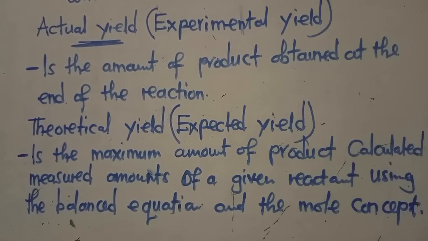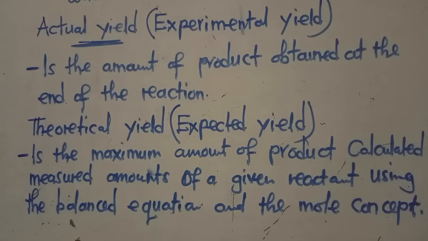So I guess I've given you everything that you need. Actual yield. From the word theoretical, this is the maximum amount of product calculated, meaning you have to calculate this one. You need to know how to go about this. The actual yield is usually less than the theoretical.